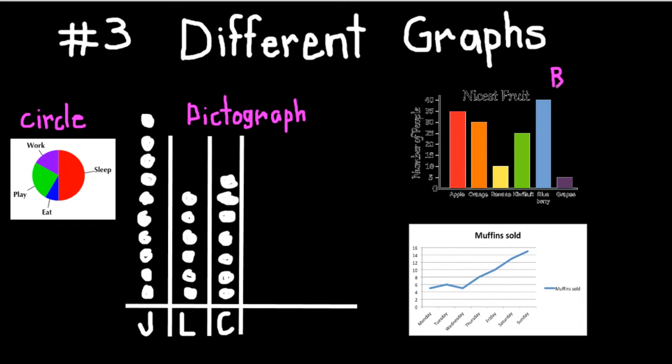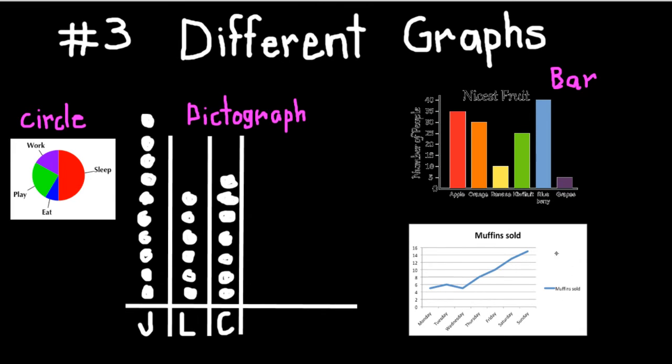And the last example of a type of graph, here in the bottom right, is called a line graph. Basically it's called a line graph because it's a line showing what's happening with the results of the data. So on the x-axis we have the days of the week: Monday, Tuesday, Wednesday, Thursday, Friday, Saturday, Sunday.